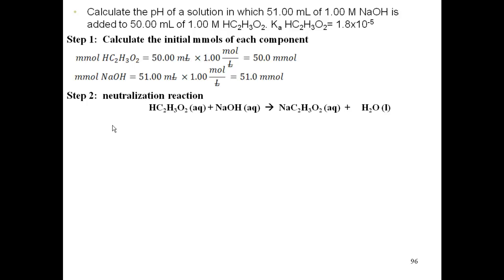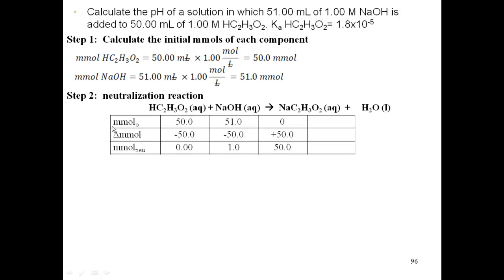Do my millimoles table. 50 and 51 for the sodium hydroxide, 0 for my sodium acetate. I need to figure out what is my limiting reagent, which is going to be that 50 of the acetic acid. So I get minus 50 on my reactant side, plus 50 on my product side, which leaves me 0 for acetic acid, 1 for sodium hydroxide, and 50 for sodium acetate.